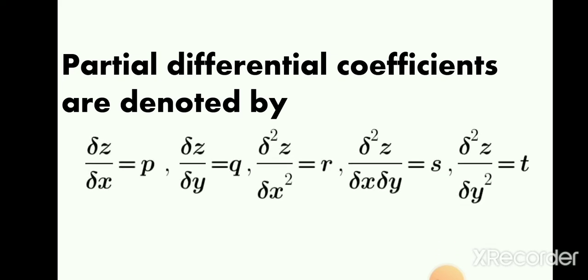Partial differential coefficients are denoted by del z by del x equals p, del z by del y equals q, del square z by del x square equals r, del square z by del x del y equals s, and del square z by del y square equals t.